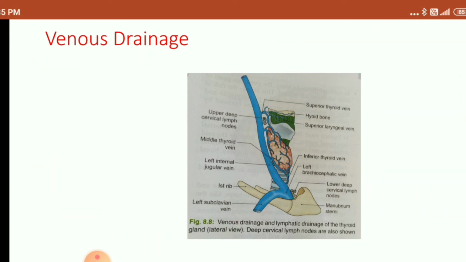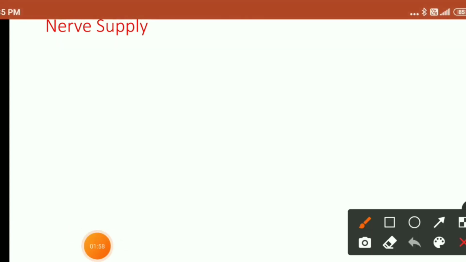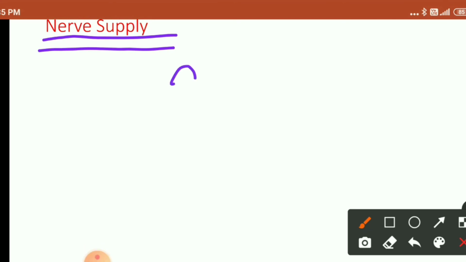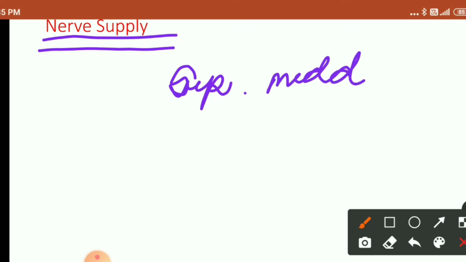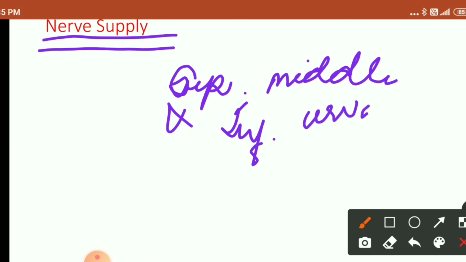Okay, now we come to the nerve supply. Always remember that the thyroid gland receives nerve supply from the superior, middle, and inferior cervical ganglion.